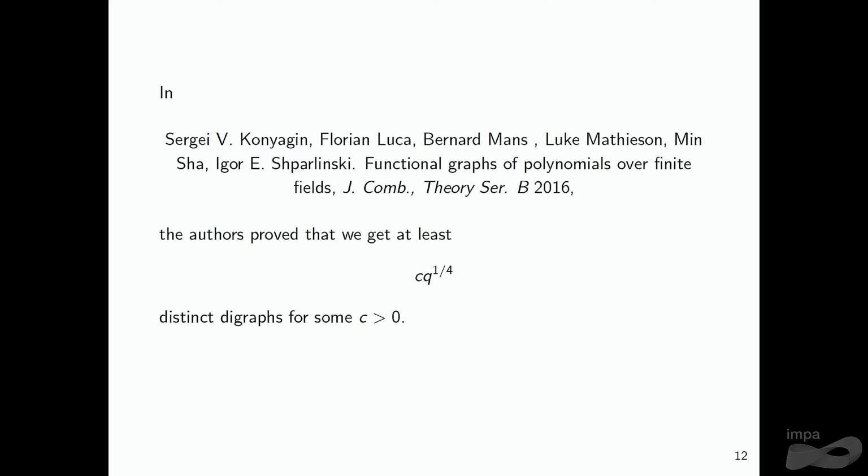And here there is a work giving a lower bound for the number of pairwise non-isomorphic graphs we get from quadratic maps. So we know that this is at most Q, but we can also prove that this is at least a constant times Q to the 1/4. I'll just briefly explain the proof behind. This is very nice because there is some combinatorics. Someone asks about the family: all the quadratics, right?